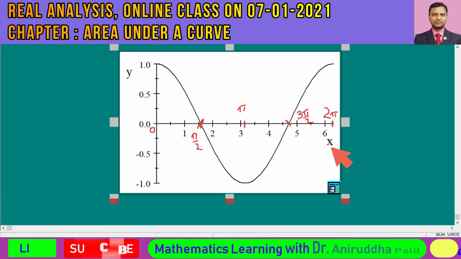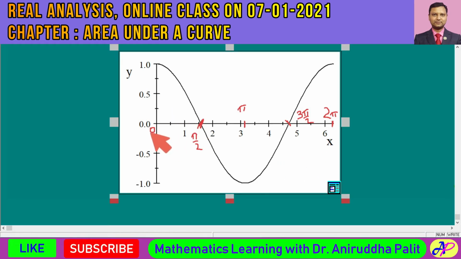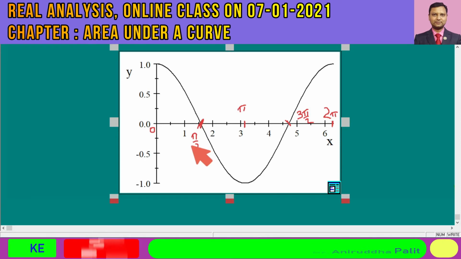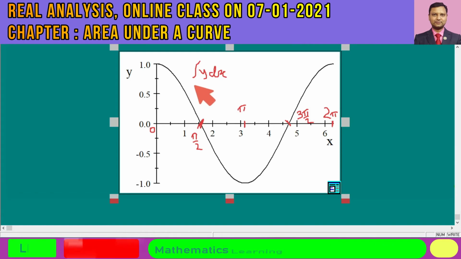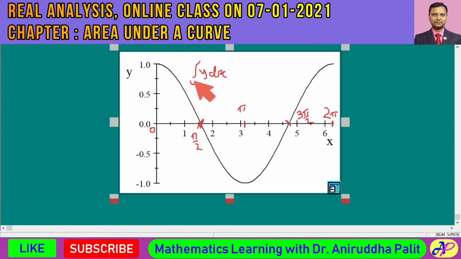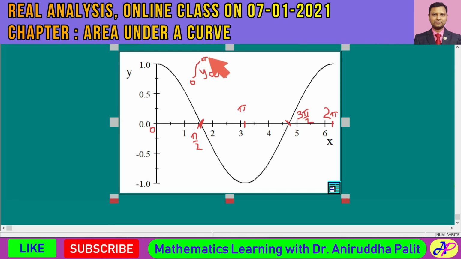All right, then what you need to do in that case, you will have to consider the limit from 0 to pi by 2, integral of the function, integration of cos of x dx. Firstly you will have to find out the integral from 0 to pi by 2, because within this zone the function is positive.